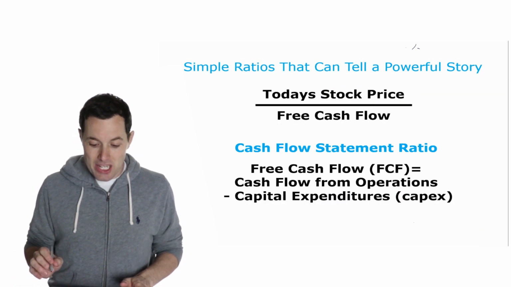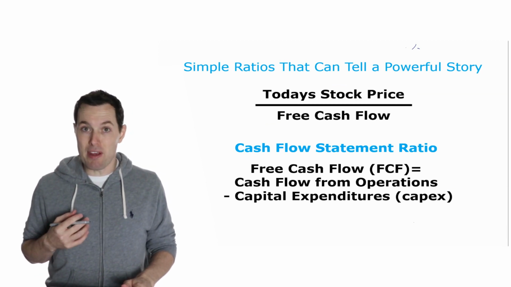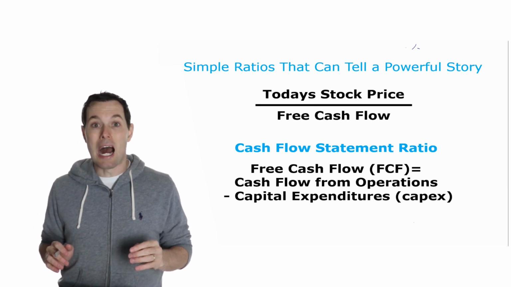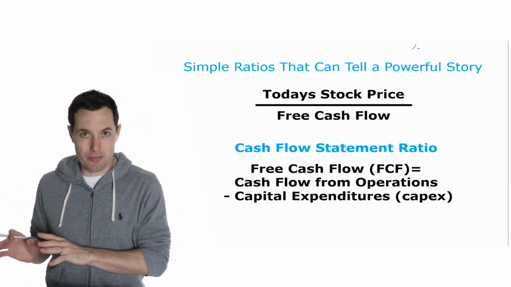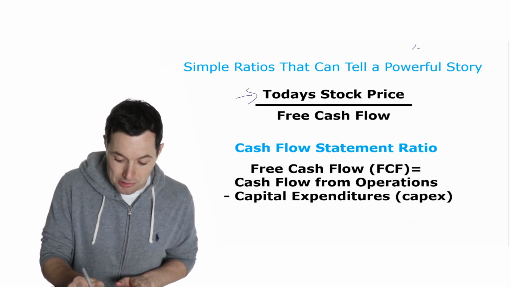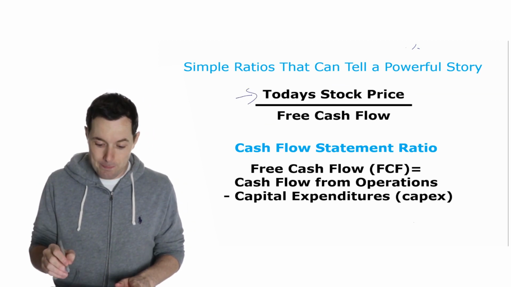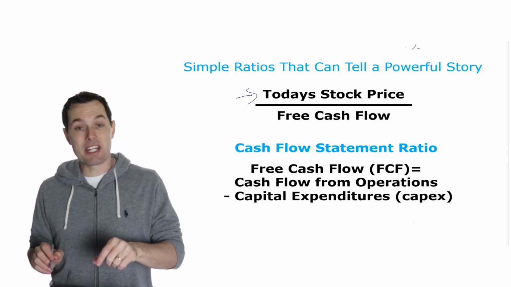Next ratio is price to free cash flow. This is personally one of my favorites because free cash flow, I believe, gives you a good understanding of the potential of the company. So, just like all the other ratios, we're starting with the stock price today. Free cash flow is now from the cash flow statement.